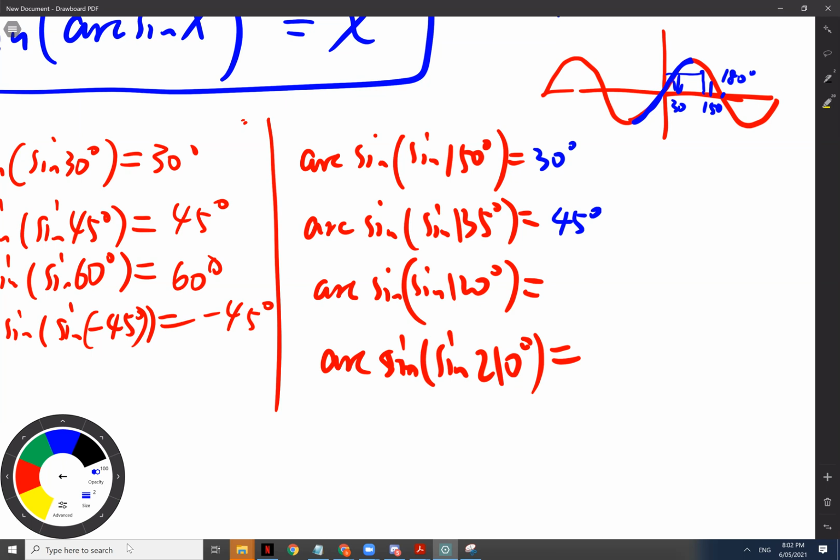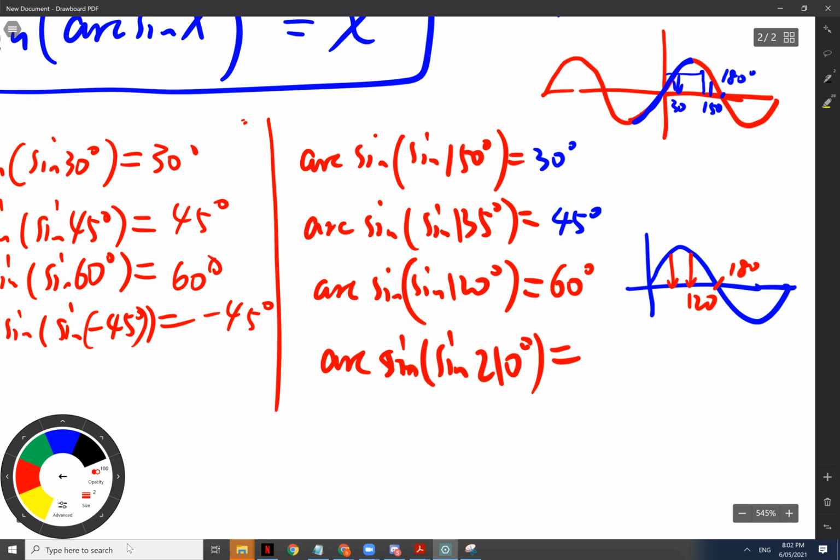The next one. 180, 120. How about this side? 60. For sine inverse, we just need this piece, -90 to 90.